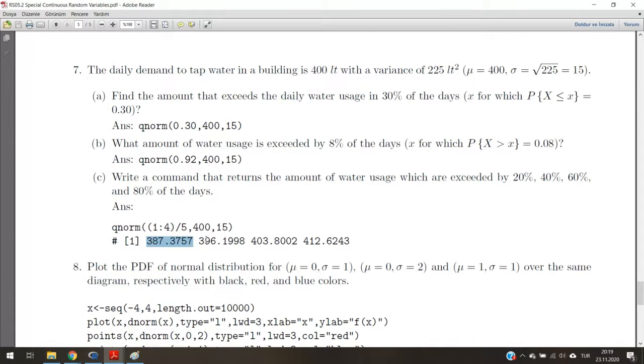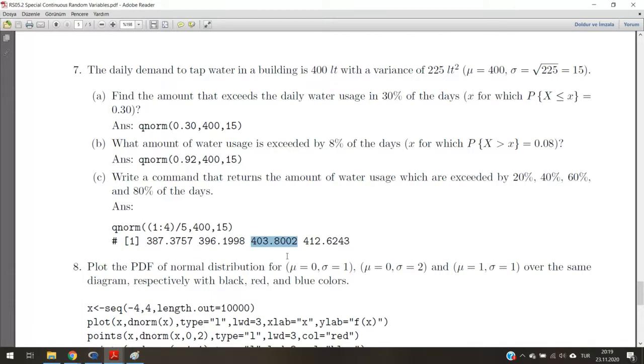In 40% of the days, the daily water usage is less than 396 liters. In 60% of the days, the daily water usage is less than 403 liters approximately. As you can see, this is more than 400. And one more thing that you can observe here, these two values are symmetric around 400.